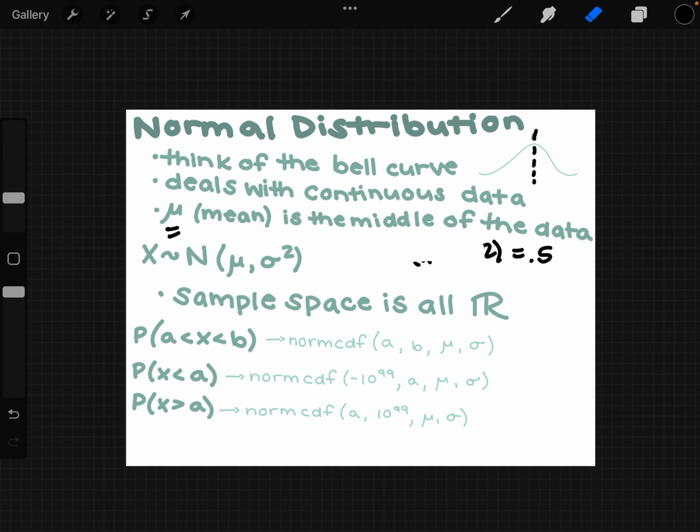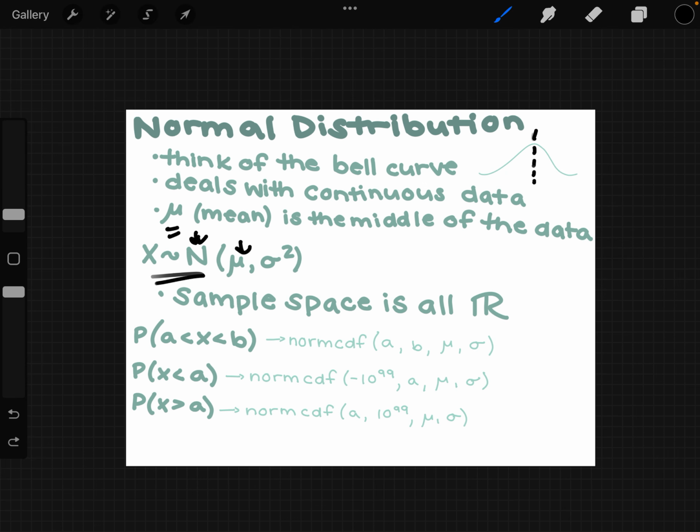Maybe don't think about it like that. That was a bad explanation. But just keep in mind that half of the data is going to lie above and half is going to lie below. I have written out here our notation. Again, n meaning normal, mu meaning mean. This is going to stand for our standard deviation, and I've added these squared on top of that to denote the fact that it could be given in terms of variance as well.